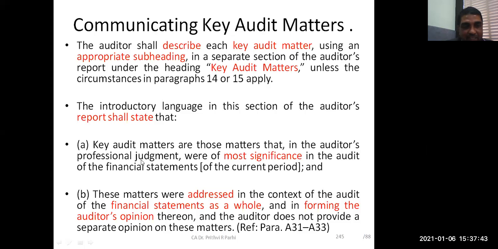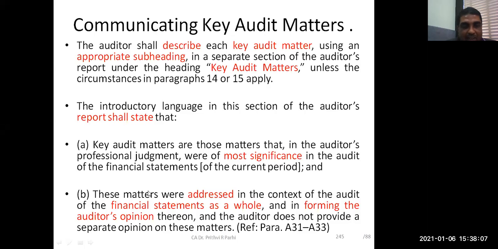Now you can read this. It shall state that the key audit matters are those matters that, in the auditor's professional judgment, were of most significance in the audit of the financial statements. Whether this was stated or not, the auditing standard says it should be stated. You have already seen this was also stated.